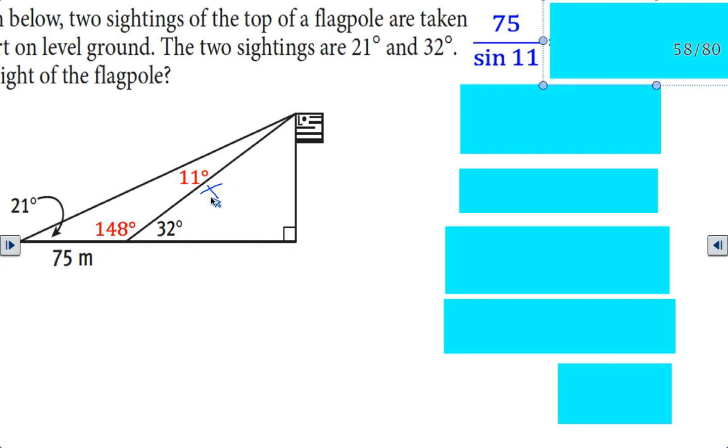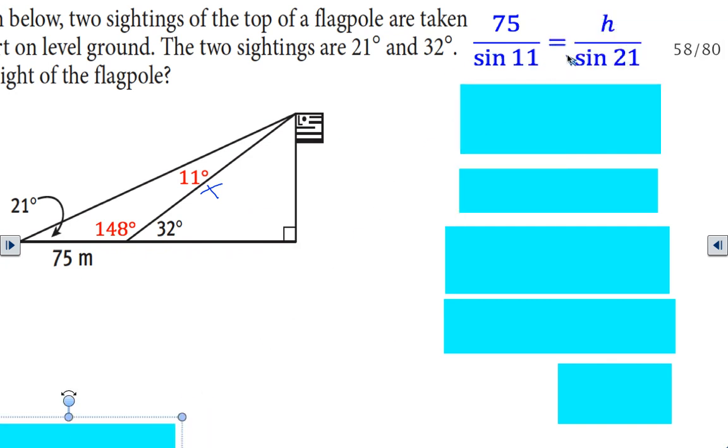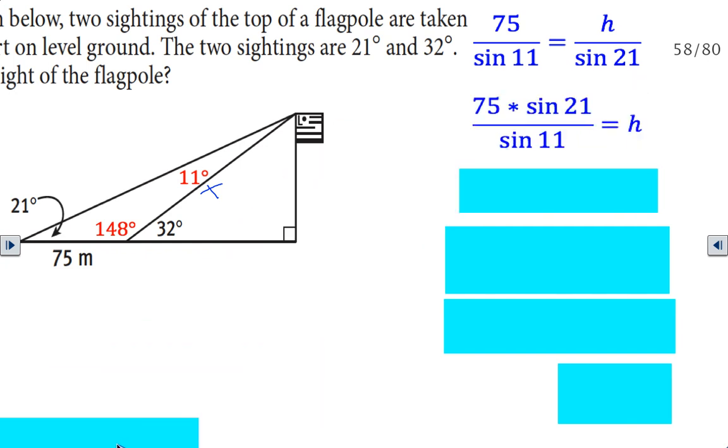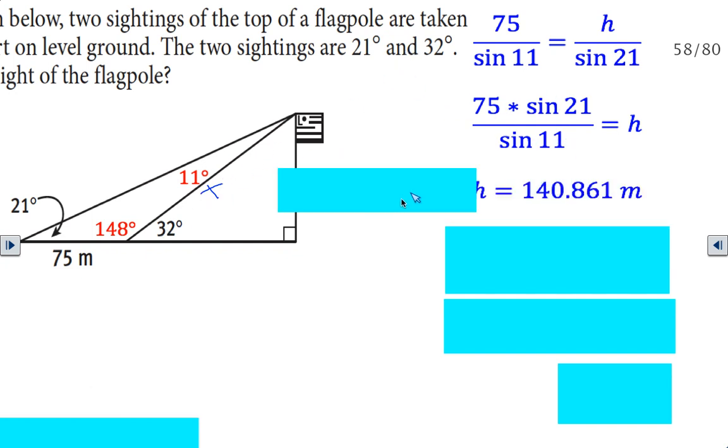We want to find this side measurement, so we're going to do x over sine 21. You're going to cross multiply and divide. You end up getting your x, or actually I think I labeled that h. So this measurement here would equal this. You plug that into the calculator and you get your answer.